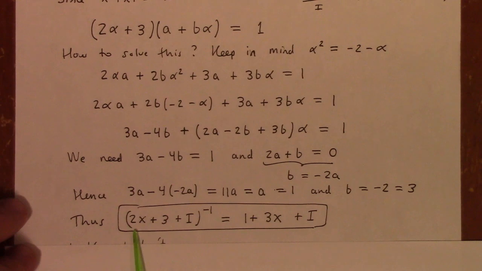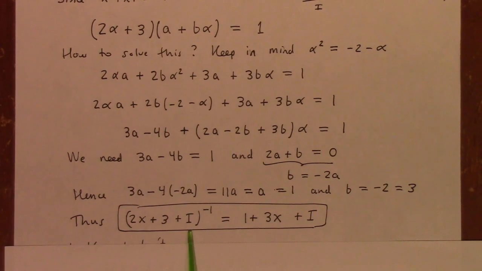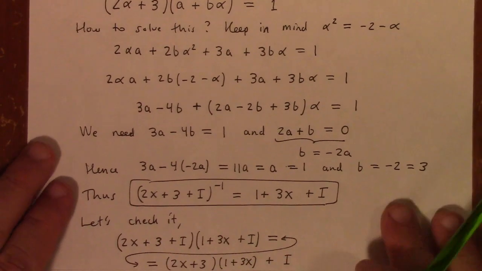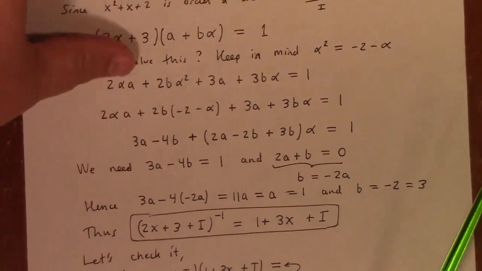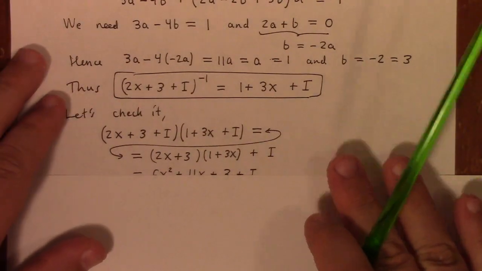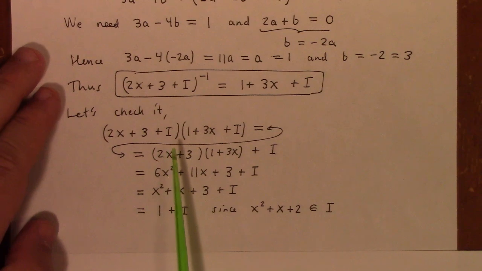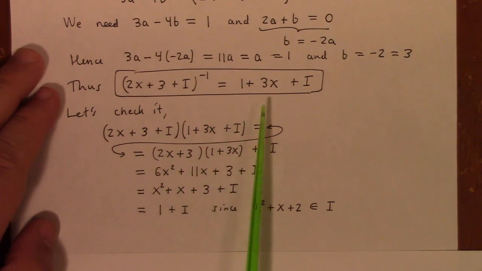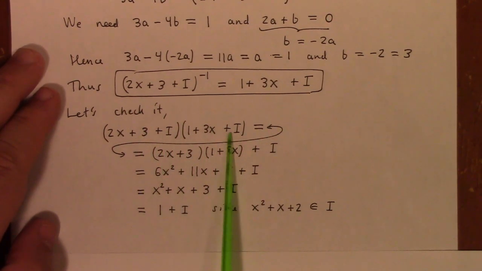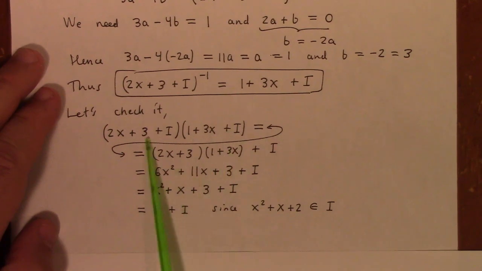So lo and behold, the multiplicative inverse of 2x plus 3 plus I is equal to 1 plus 3x plus I. Now, I said, okay, well, I'm going to check my answer because I don't want to lose any points. So I multiply this by that, going back to the cumbersome plus I notation rather than the alpha notation just for a second.